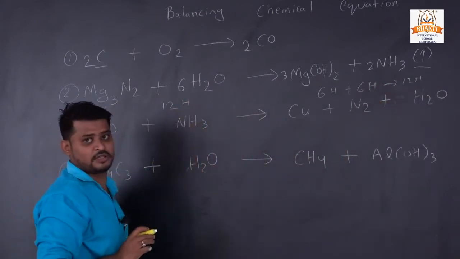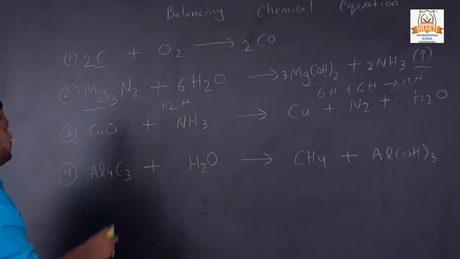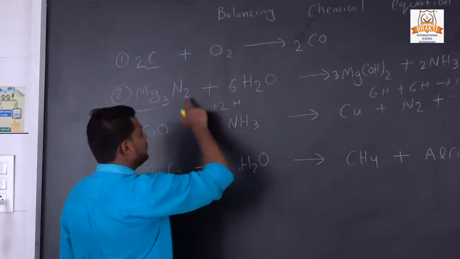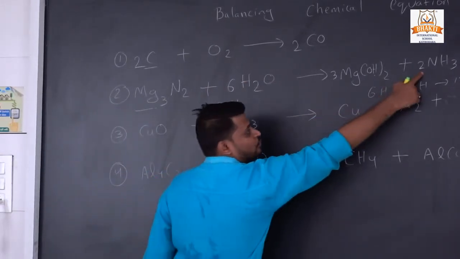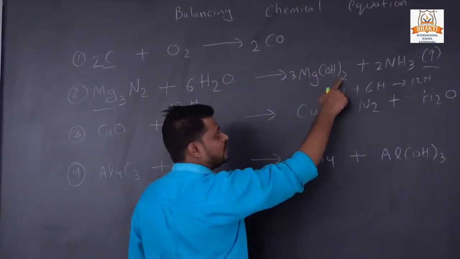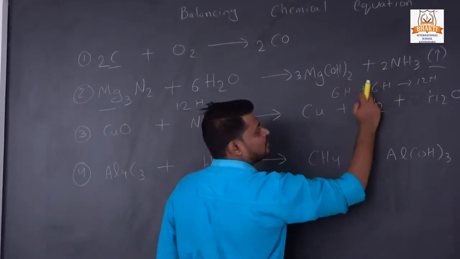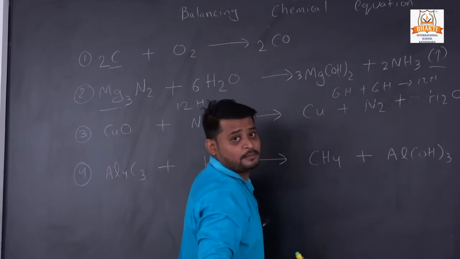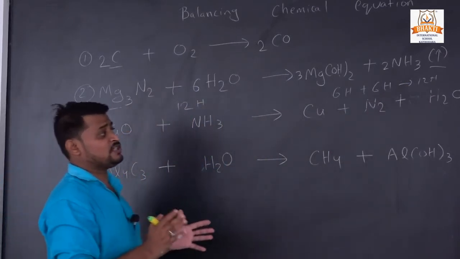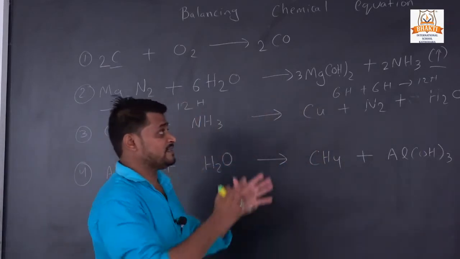So this equation is balanced completely. Now we check again: magnesium 3, nitrogen 2, oxygen 6 and oxygen 6, hydrogen 12, here 6 plus 6 is 12, so the whole equation is balanced. Like this we balance each and every chemical equation, with the same method.